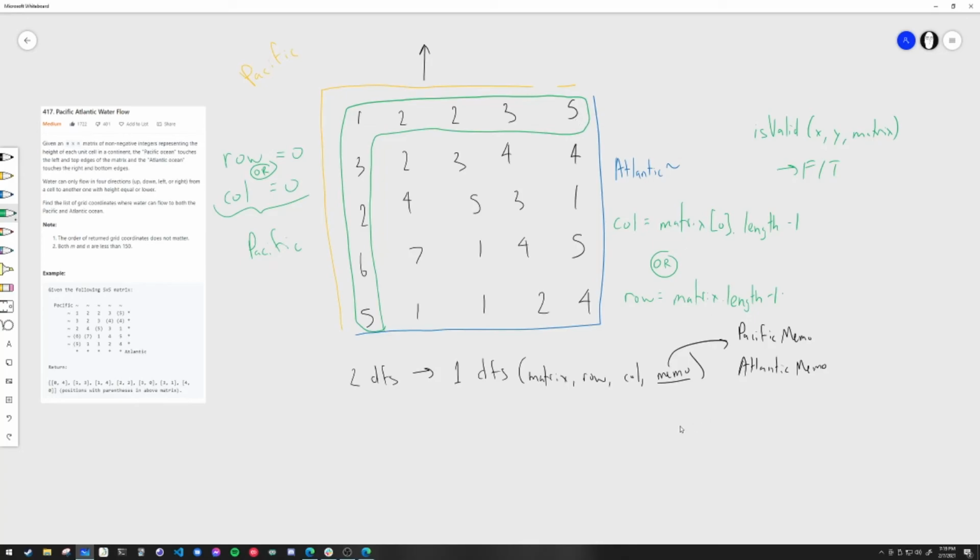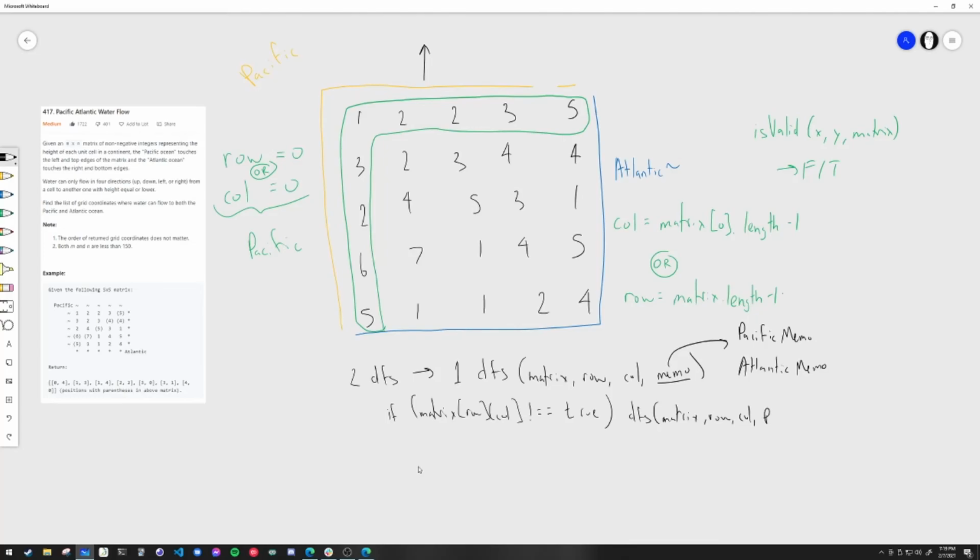We basically have two things we're going to say. If memo of row and column does not equal true, and I'll explain this in a second, then we do DFS of matrix, row, column, and memo.